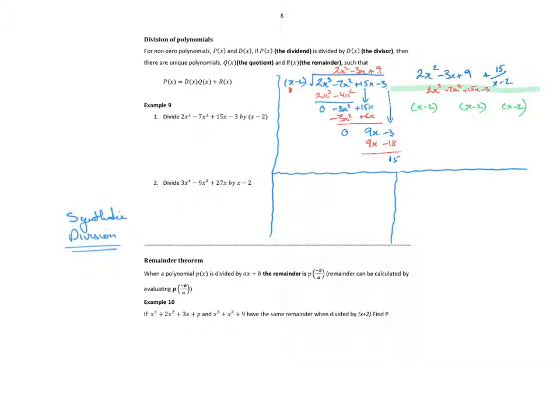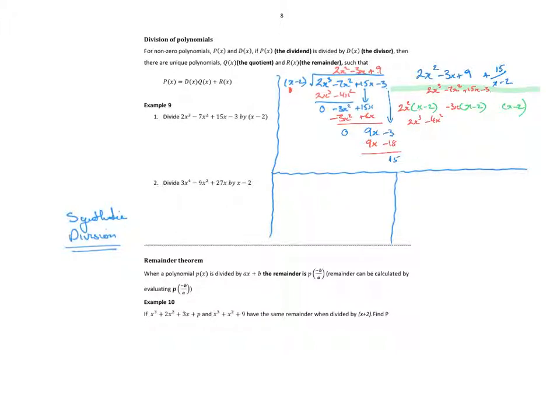I multiply by 2x squared to get 2x cubed. If I expand that bracket, I get 2x cubed minus 4x squared. I've got minus 4x squared, I meant to have negative 7x squared, so I need to increase by another 3x squared.